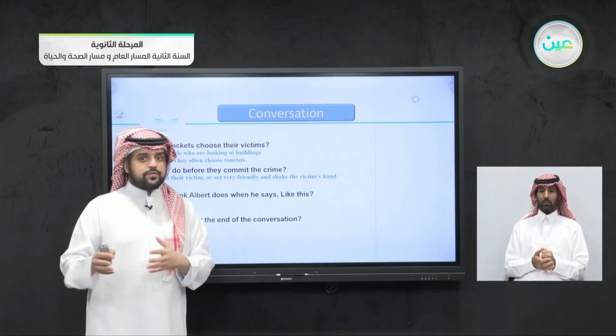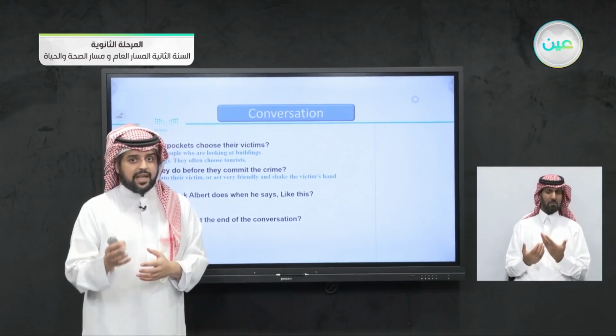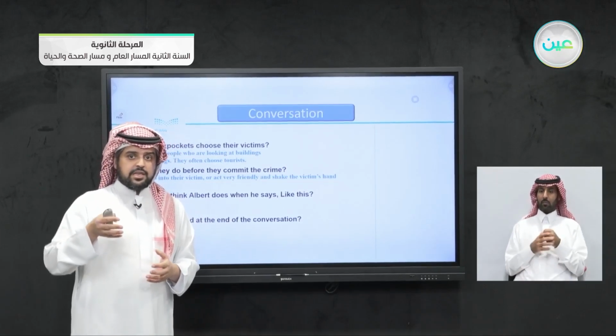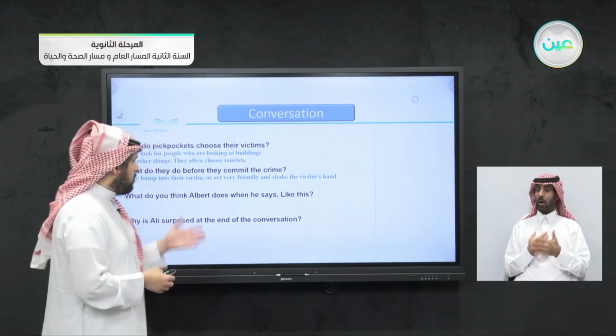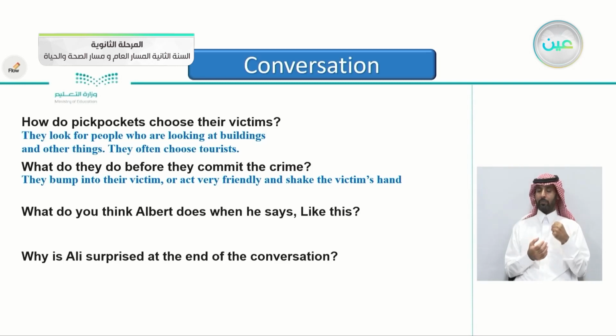And with that, you don't feel, as I said before, they're light-handed. They can put their hands in your pocket and take it out without you feeling. So what do they do before they commit the crime? Before they take your wallet, they bump into their victim, they act friendly and shake the victim's hand.